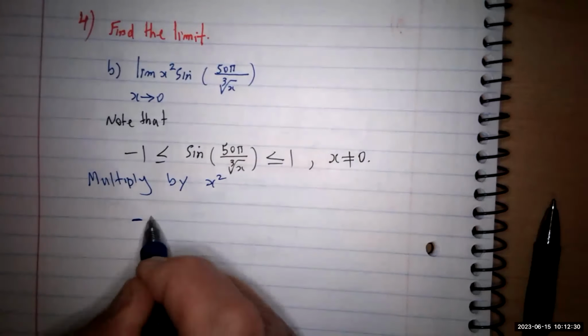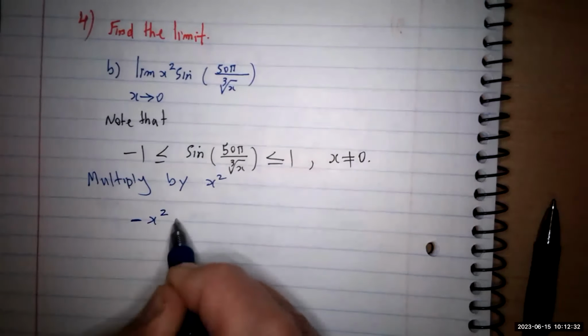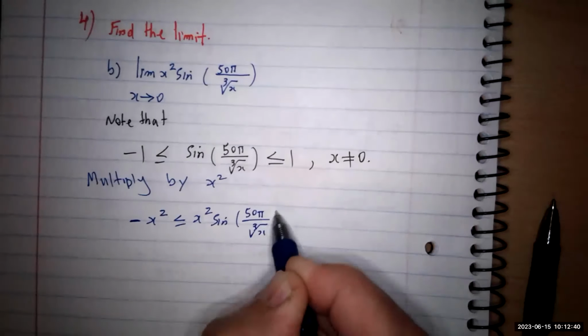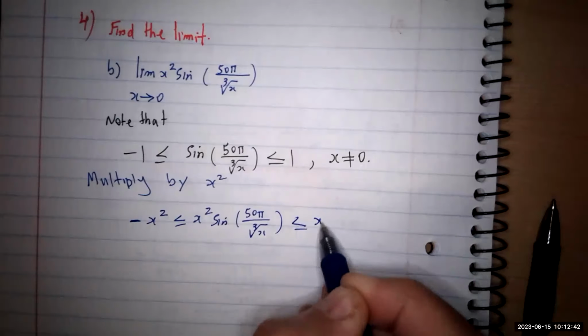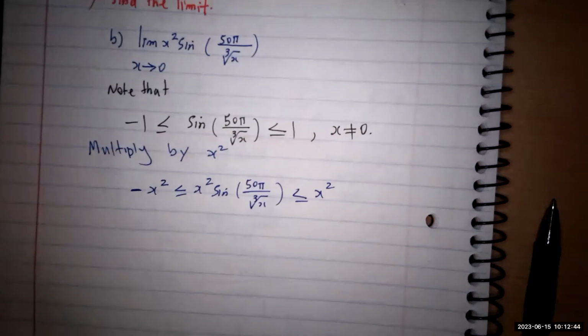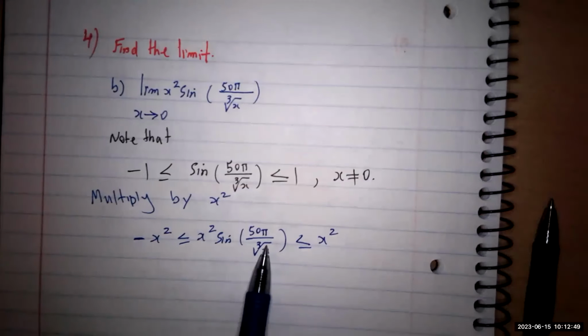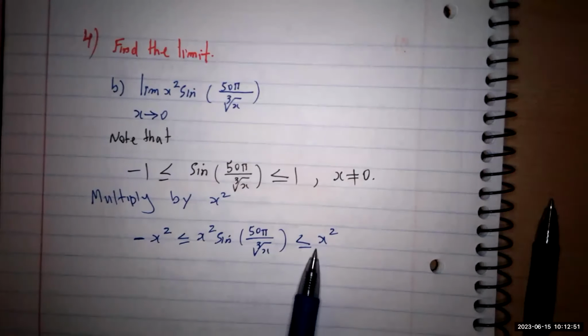This makes it negative x squared less than or equal to x squared sine of 50 pi over cube root of x, less than or equal to x squared, you see? So you squeeze your function between 2 other functions. That's why we call it the squeezing theorem.